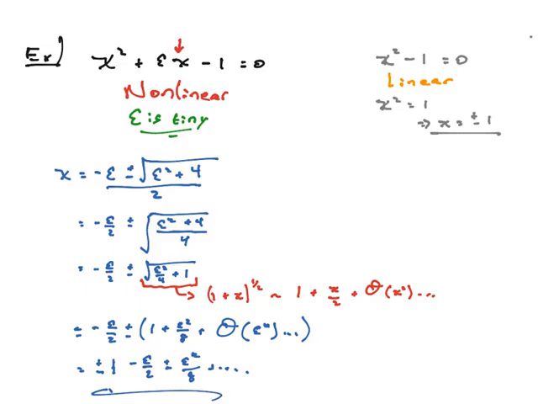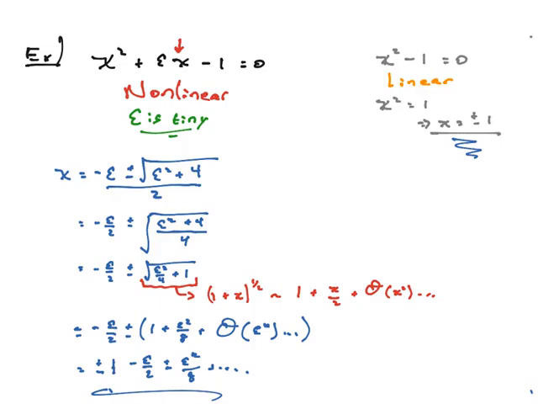Also notice that what we thought was true is indeed true. Over here, the linear, quote unquote, linear equation, the easy one, said the answer is plus or minus 1. Our nonlinear one, the claim was the answer should be the same as the linear one, but with a little bit of a correction to it.